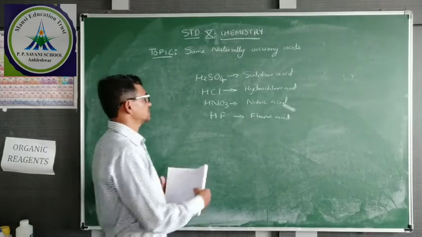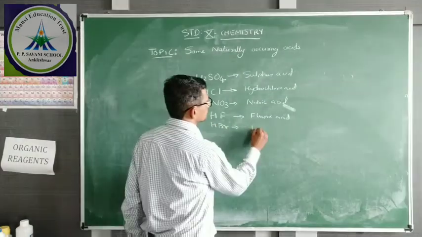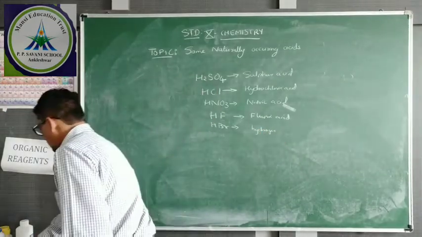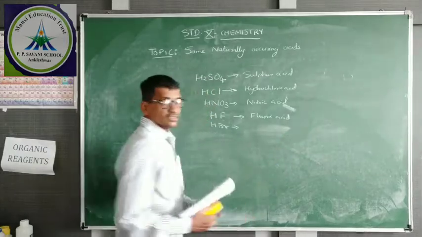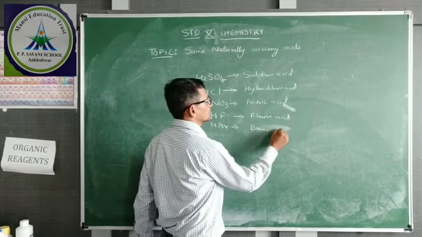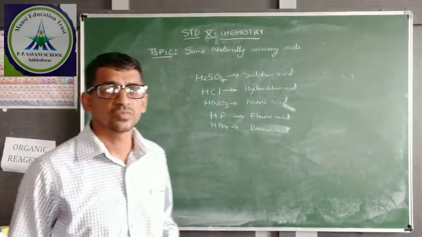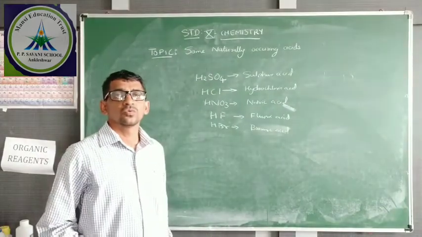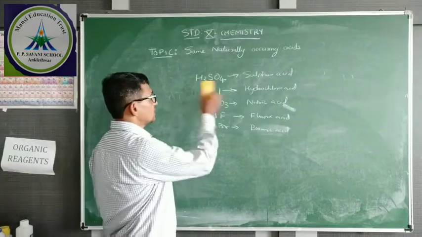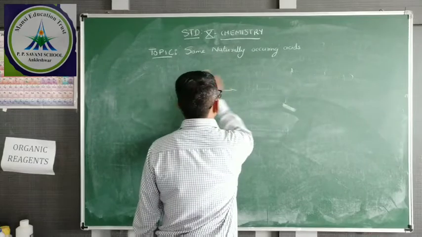Then HBr, hydrogen bromide, but we speak of it as hydrobromic acid. So these are all strong acids, and they are all inorganic. Now we discuss the organic acids, and then we go to the topic.